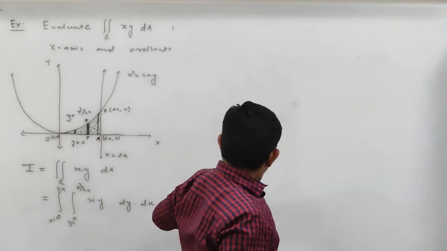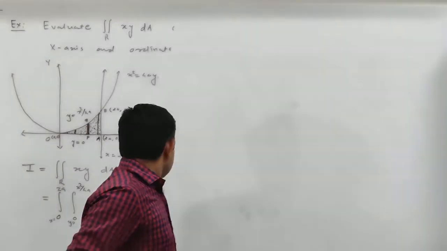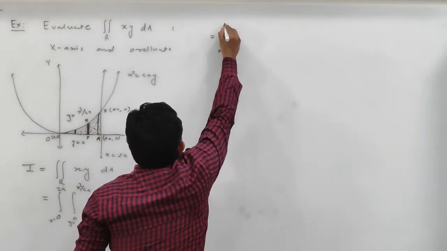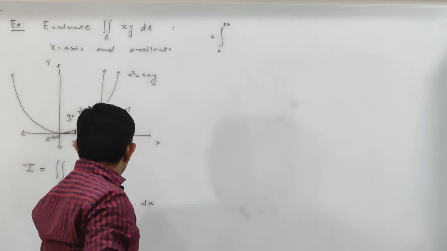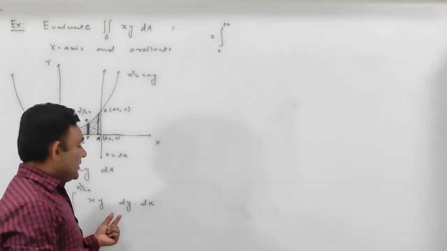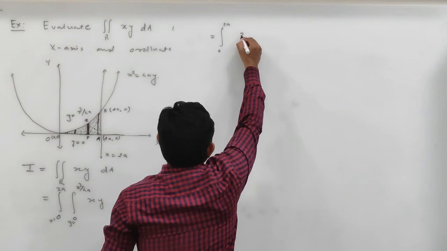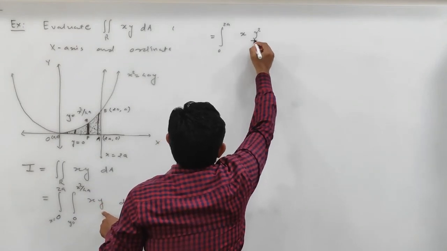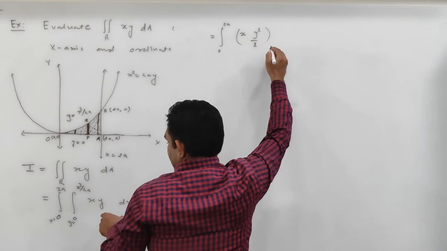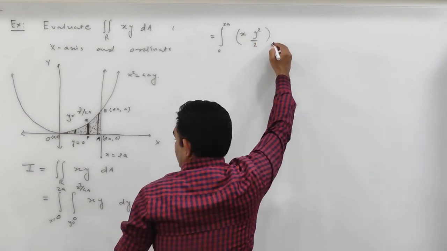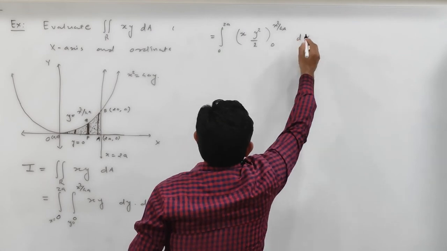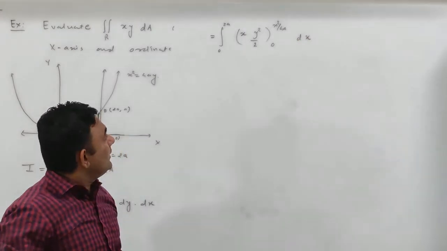So this is equal to integration 0 to 2a, x as it is, and integration of y is y square by 2, with limits from 0 to x square by 4a, and we are left with dx. I hope this is clear.